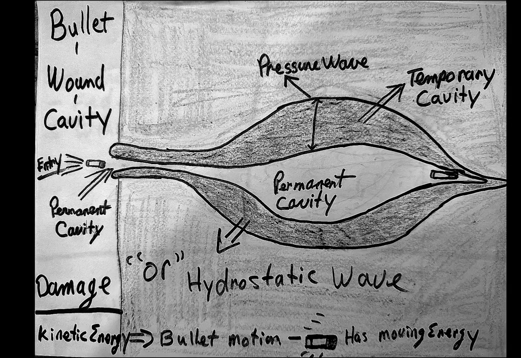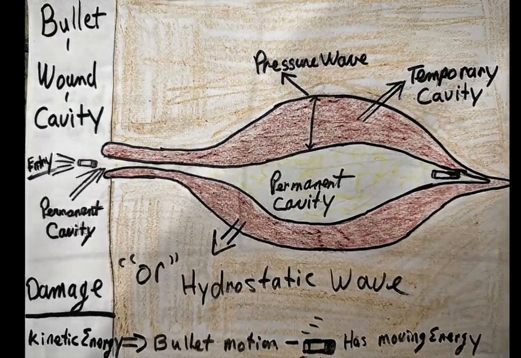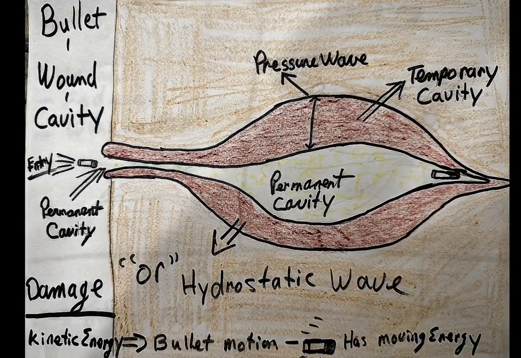And the wound channel depends also on the deforming of the bullet. On the diagram we put there on the screen, let's explain what's going on right there. Now, this is how it looks when a bullet causes damage in tissue. First you see the entry of the bullet. As it goes into the tissue, the bullet has what we call kinetic energy.